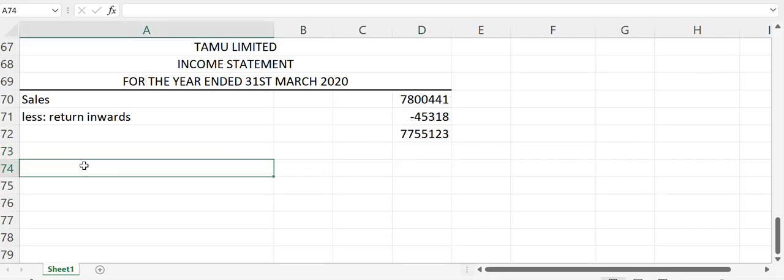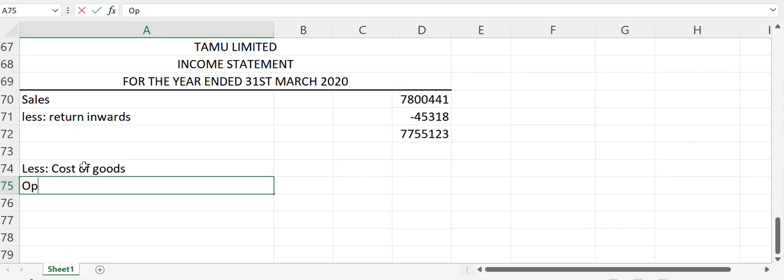Then we say less cost of goods. So remember, now in the income statement we are going to use opening inventory. I want you to be careful here of finished goods, because you're already done with raw material in the manufacturing account. So opening inventory of finished goods.